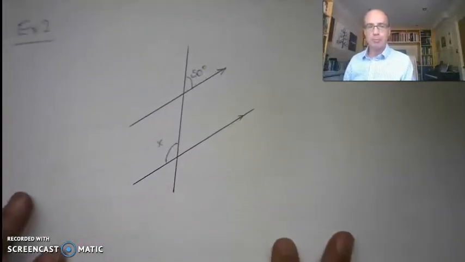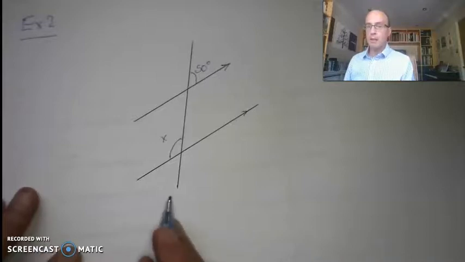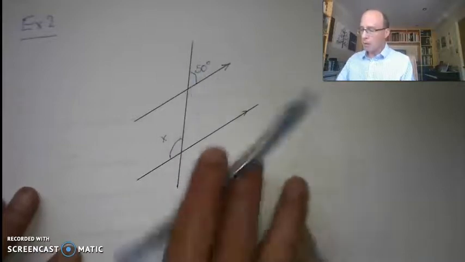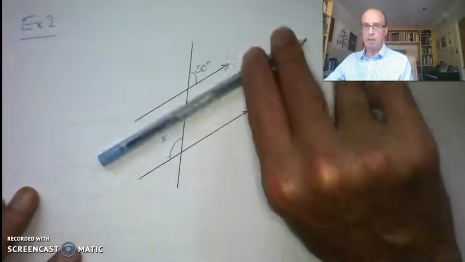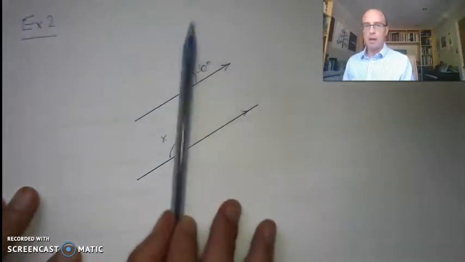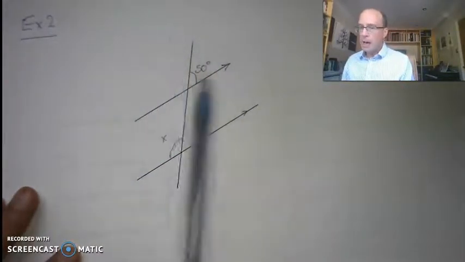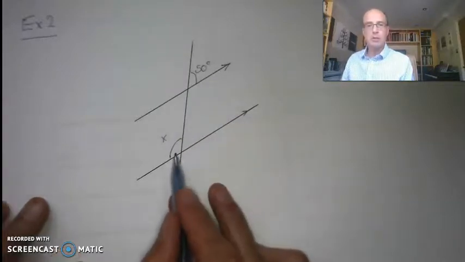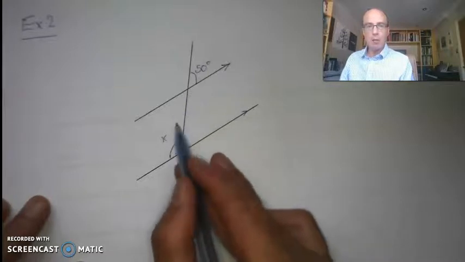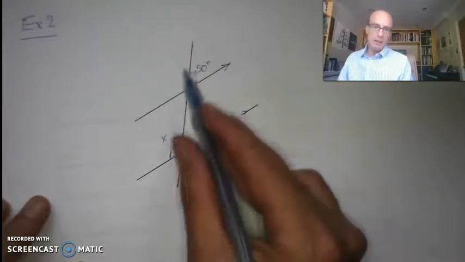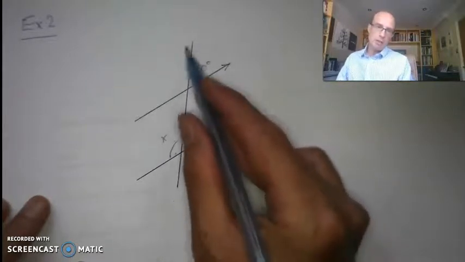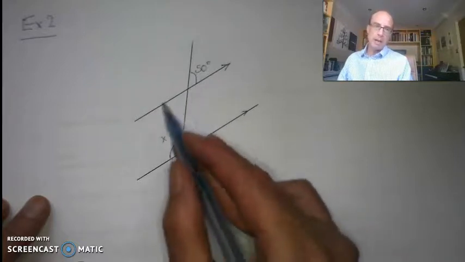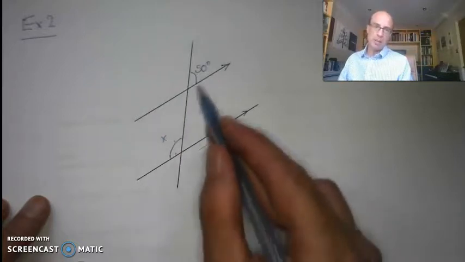Here's the second one. This one's a bit more complicated. This time I've still got my pair of parallel lines here and here, and I've got my transversal cutting through. But my two angles, I've got one at 50 and I've got the X that I'm trying to find. This time I can't get straight to X. It's not on an F shape, it's not on a Z shape, and it's not on a C shape.